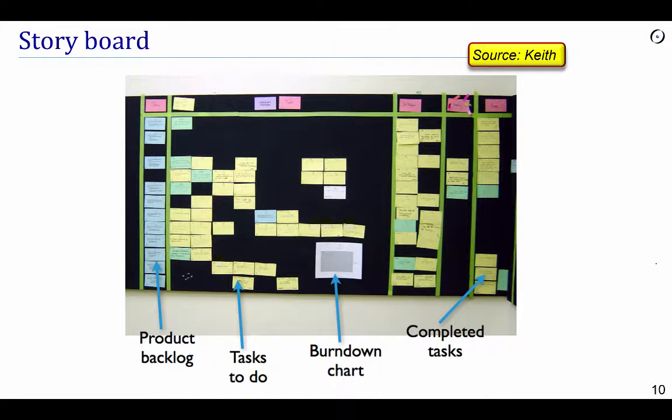So the board could be a metal board on which you put magnetic elements, or it could be just a plain wooden board or any other material on which you put post-its, as in this example here. And the general idea is that these items are going to move from left to right, the post-it notes, for example.